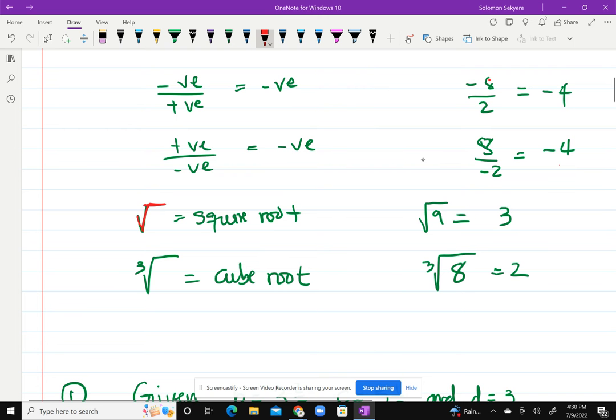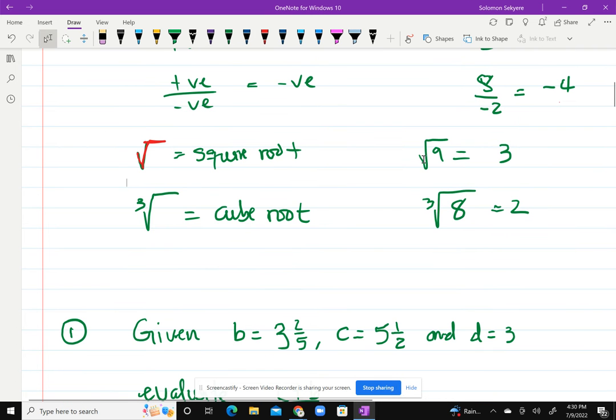This sign right here is called the radical sign, the square root. If we don't have any number written up here, this is the standard square root. For example, the radical sign of 9 means square root of 9, which is 3. It's the number that when you multiply it by itself, you get 9.